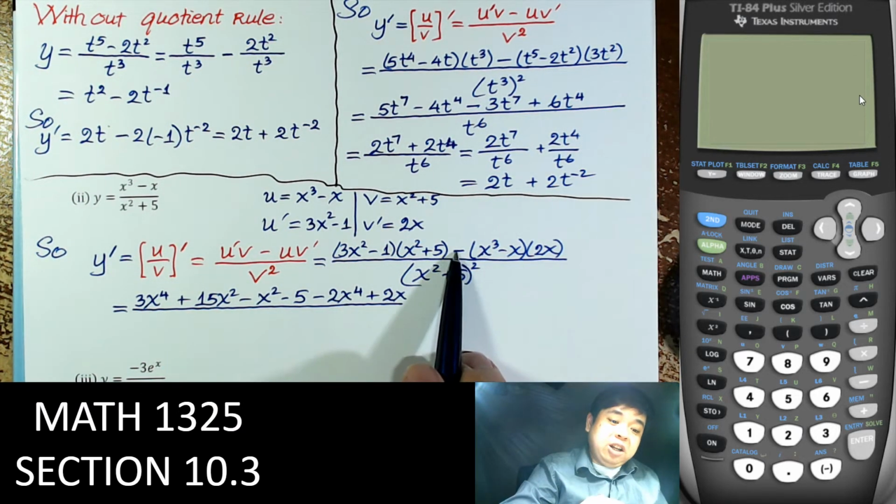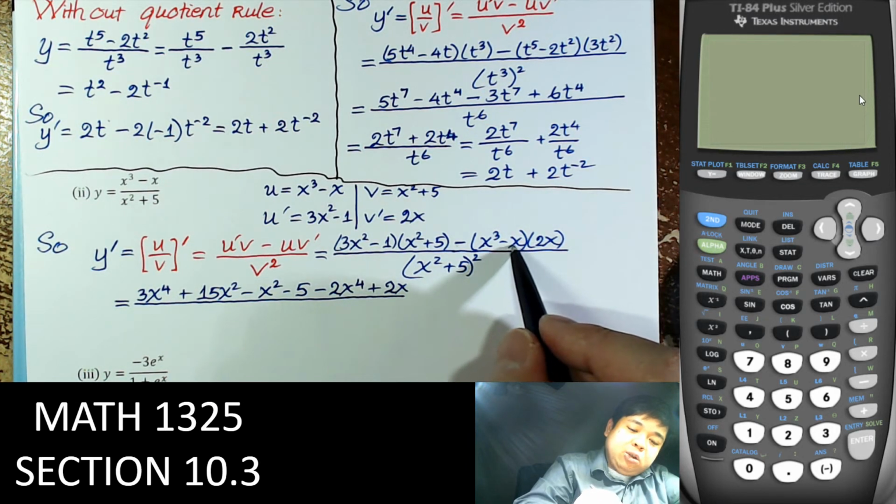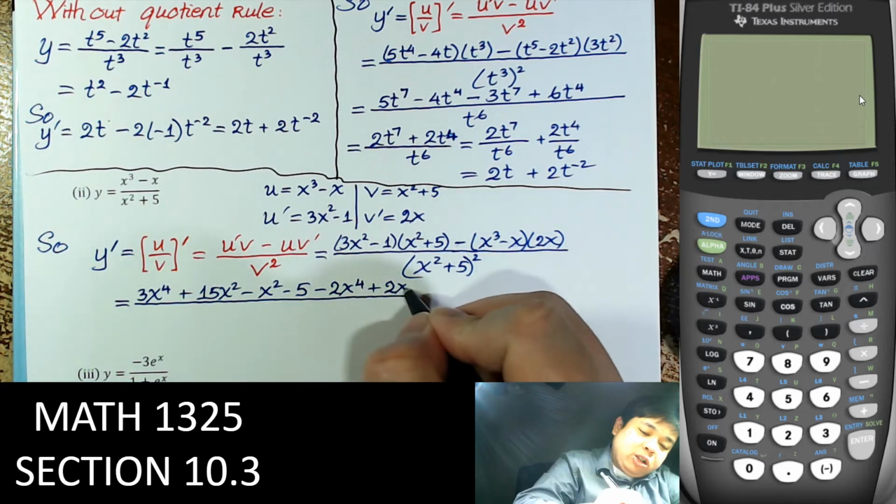So be mindful with this negative sign in the quotient rule. So minus 2x with a minus makes it plus 2x squared.